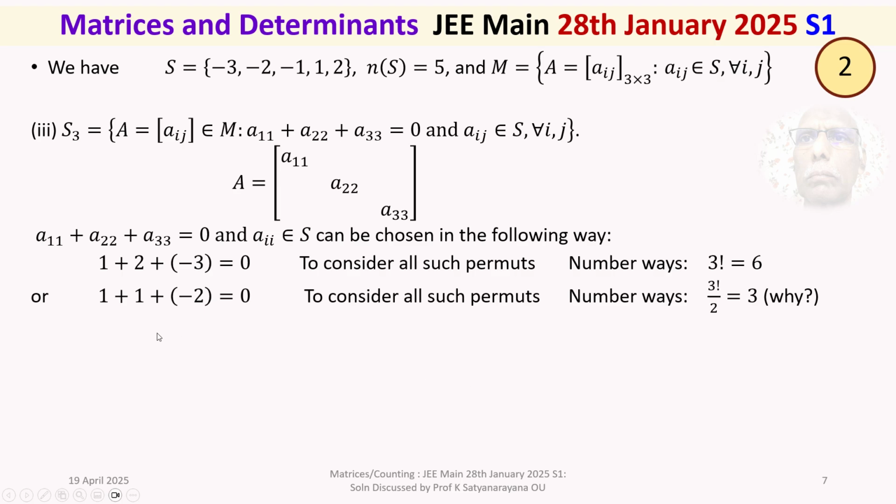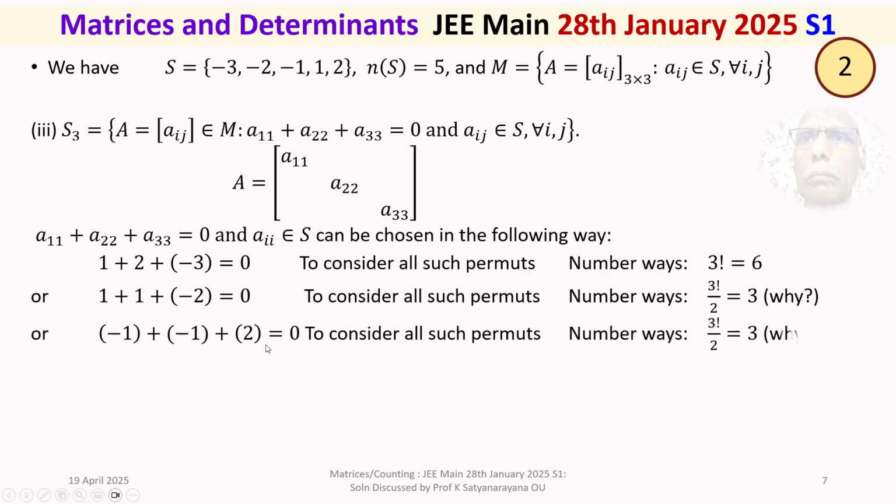Right. So I can also think of minus 1, minus 1, 2. Yes, minus 1 is there, 2 is there. To consider all such permutations, as in the above case, 3 factorial by 2 factorial is equal to 3, because the 2 minus 1 elements are alike.